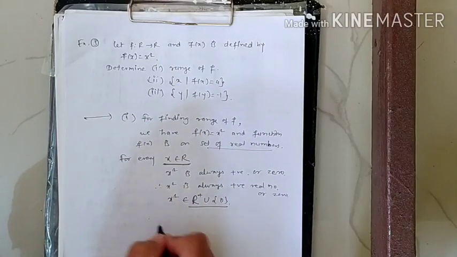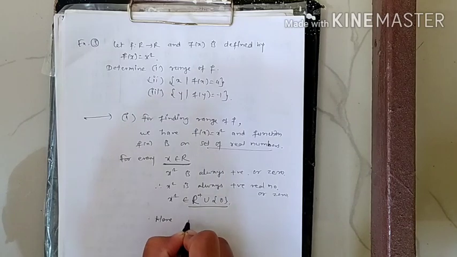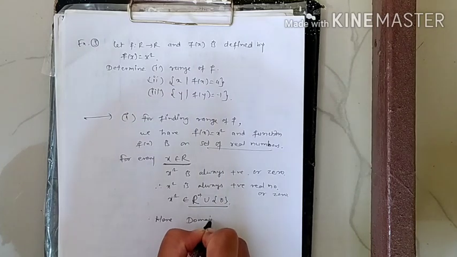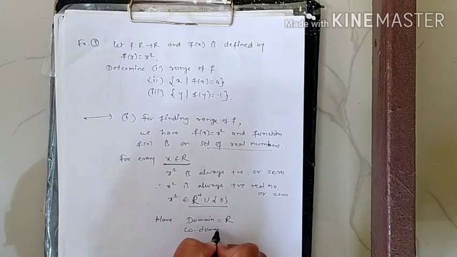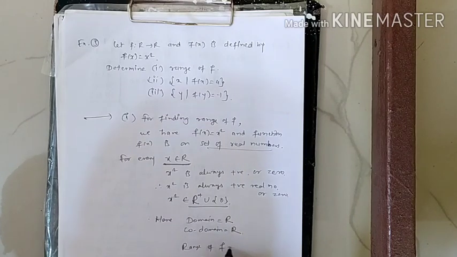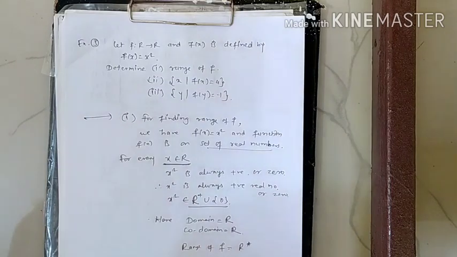Here the domain is the set of real numbers, the codomain is also the set of real numbers, but the range of f is R star, where you can write R star is R plus union with 0. Getting student? Any doubt in this?